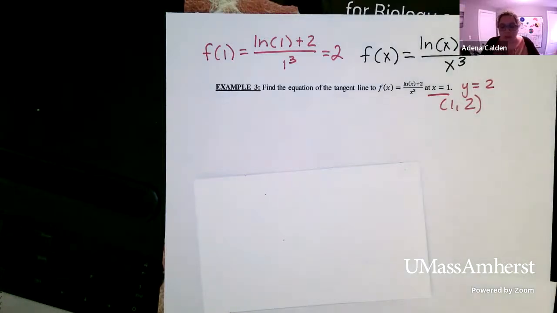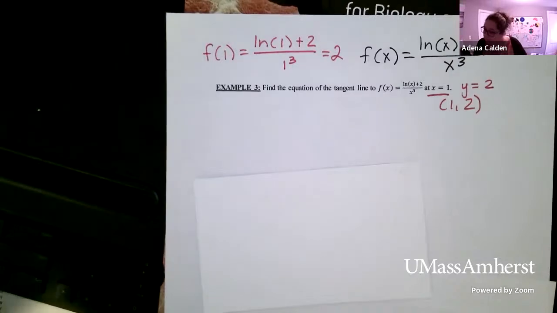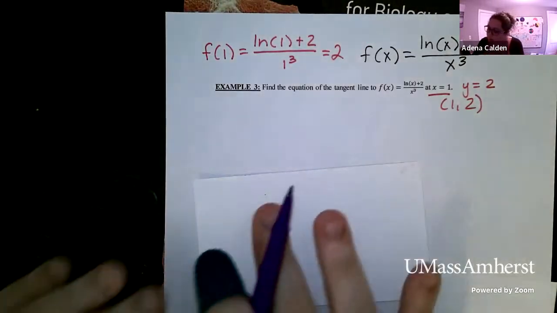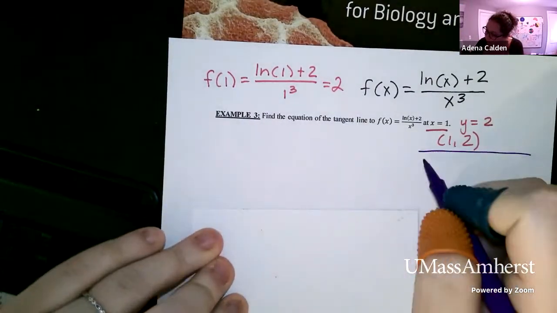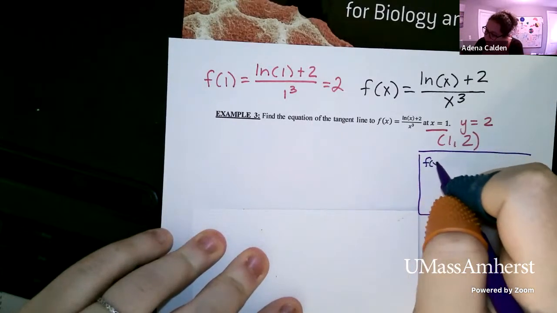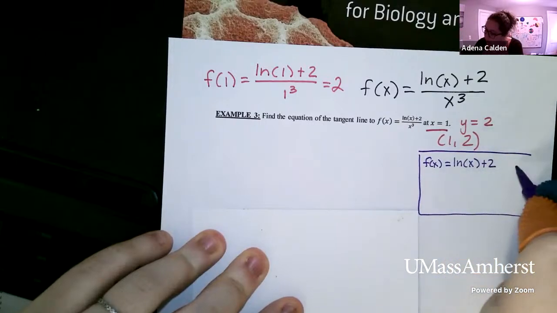Okay. So now we also need the derivative here. And so in order to do the derivative, we're going to have to do a quotient rule, right? So we pick our top function to be our f. So our f of x is the natural log of x plus 2.